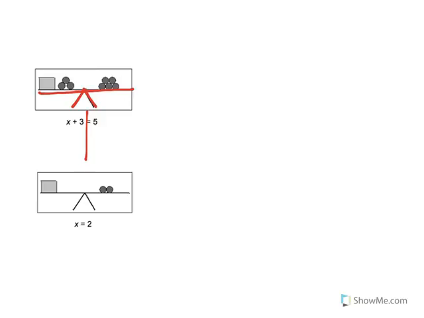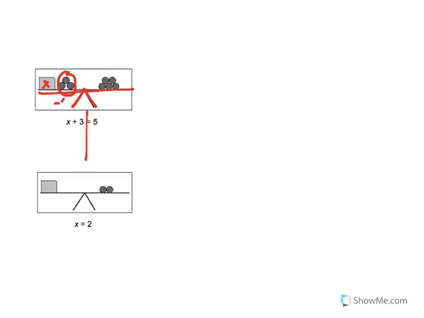So how do we manipulate or move pieces from one side to the other while still maintaining an equation? Well, let's see. I want to find out how many squares or how many x's equal how many dots. I need to first move the dots away from the x in order to see what the x equals, right?